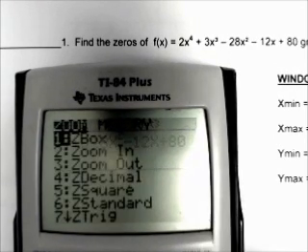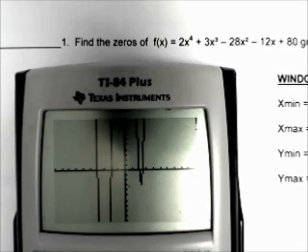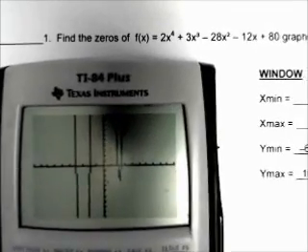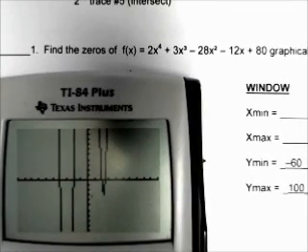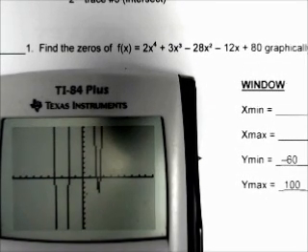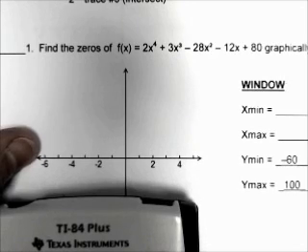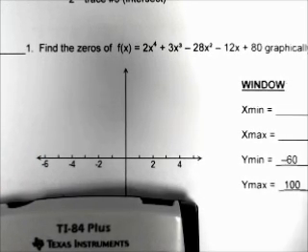And my window might have been adjusted, so standard window is going to be from -10 to +10. So zoom 6 is the standard window. All right, so we don't have a really good picture of this graph. So we're going to adjust the window, and I have the y min and y max on the side. Now for the x min and max, if we look at our scale here, it's going from -6 to +4.